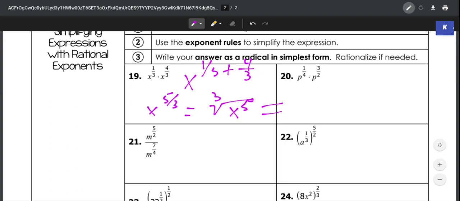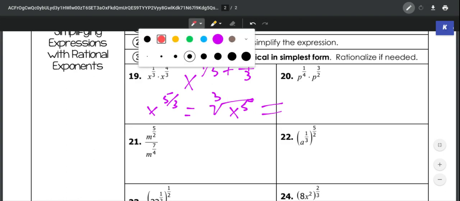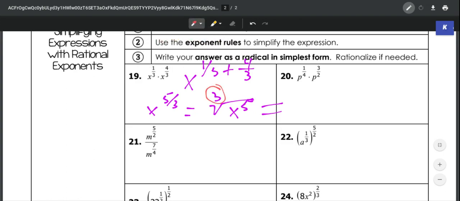The only thing you've got to watch for is sometimes these can be simplified, and in this case, it can be simplified because we have an index of 3. That means a cube root. If we want to take out any of these x's, we got to group them up in groups of 3. There's one group of 3 that's inside 5. So another way to look at this is x times x times x times x times x.